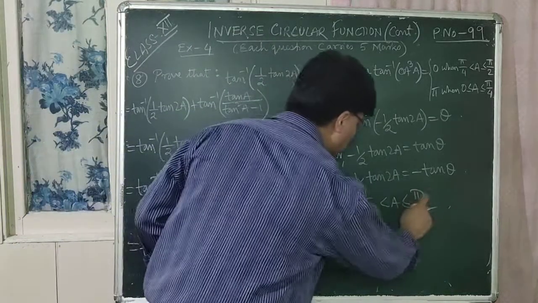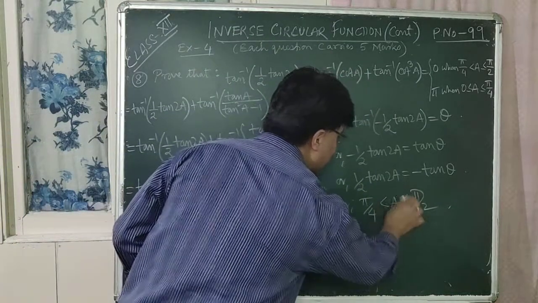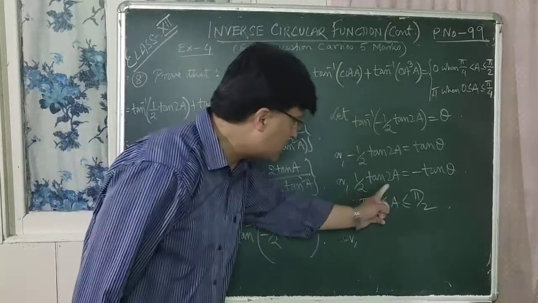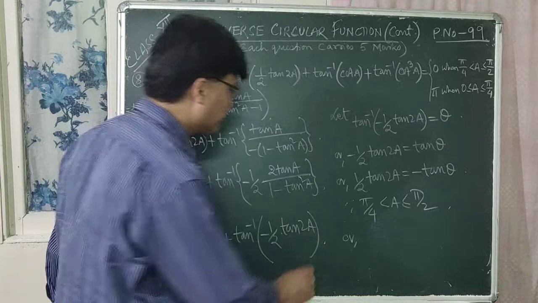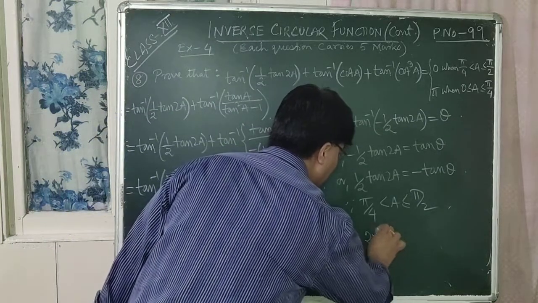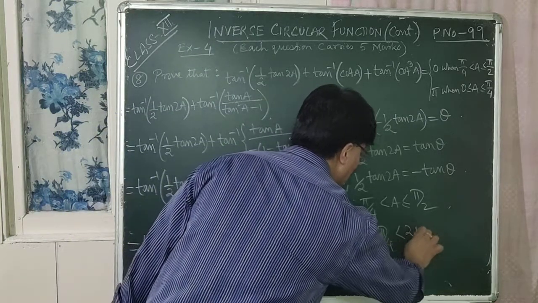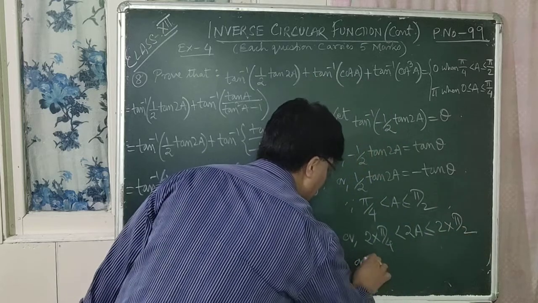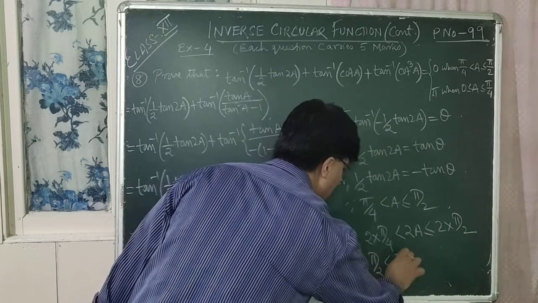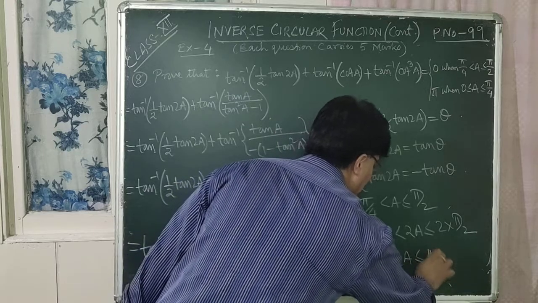So multiplying throughout the term by 2. Because we should get here 2a, isn't it? That's why multiply all the terms by 2. So it is 2 into pi by 4 less than 2a less than or equal to 2 into pi by 2. So what do we get? Pi by 2 less than 2a less than or equal to pi.